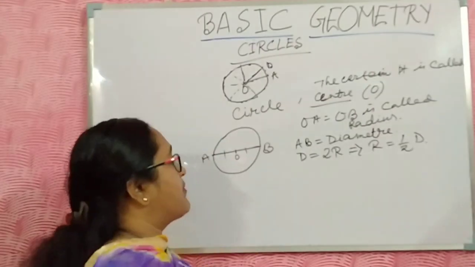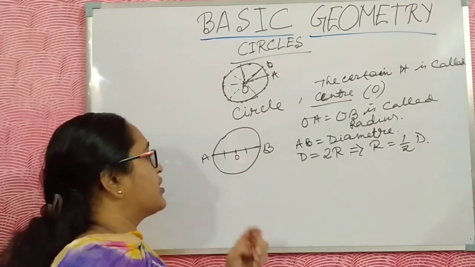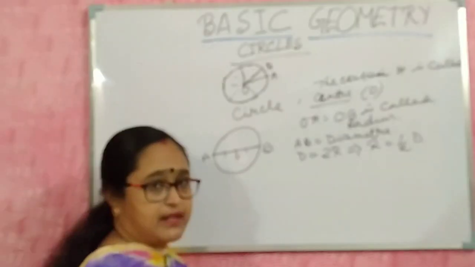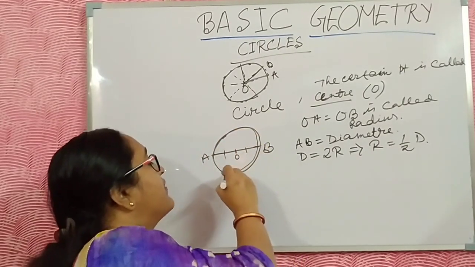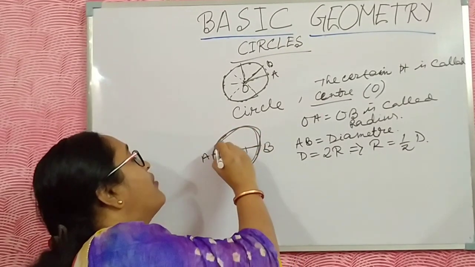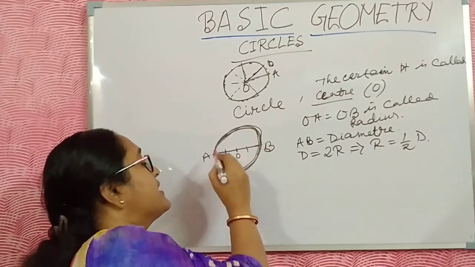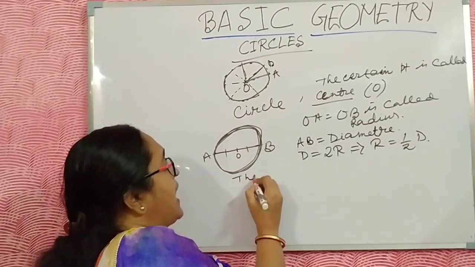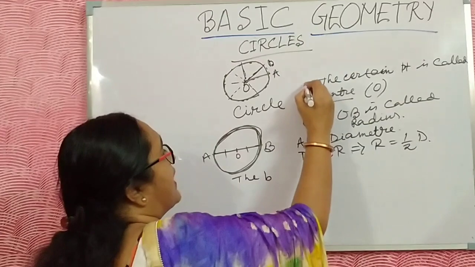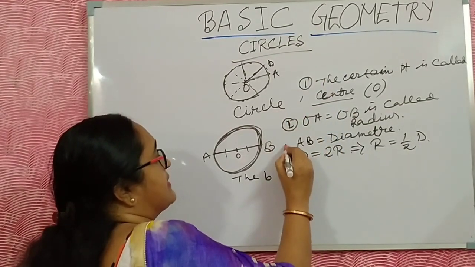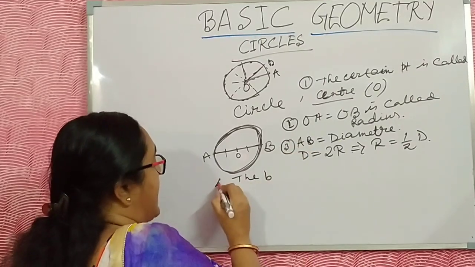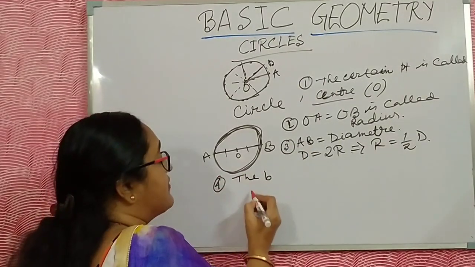Now I discuss the next portion of the circle, which is the boundary line, called the circumference. The boundary line is called the circumference. The first topic is center, the second topic is radius, the third topic is diameter, and the fourth topic is circumference.